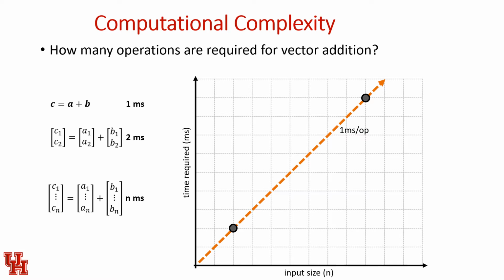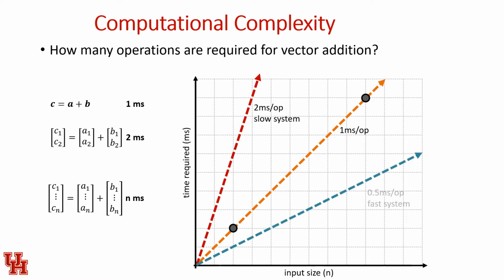Now, if we have a slower system, one that requires 2 milliseconds per flop, the slope of the resulting line will increase. However, if we have a faster system that requires, say, 0.5 milliseconds per flop, the slope will decrease. However, no matter how fast or how slow the system is, the runtime will always be linear as a function of vector length.